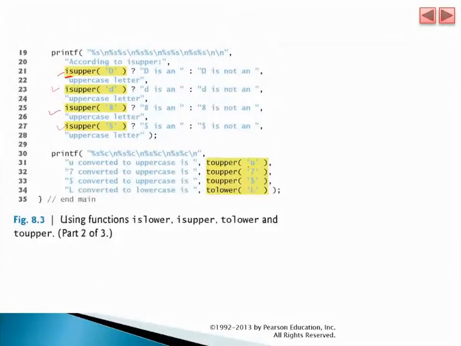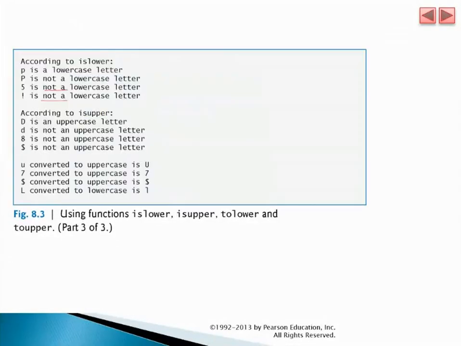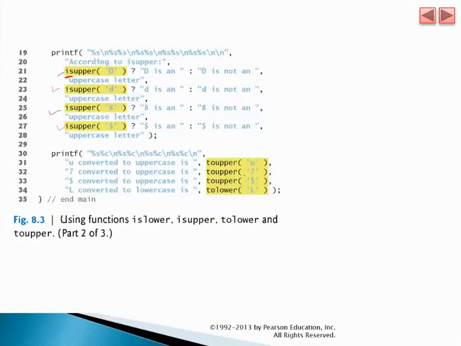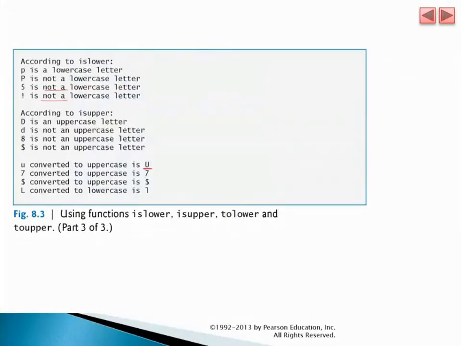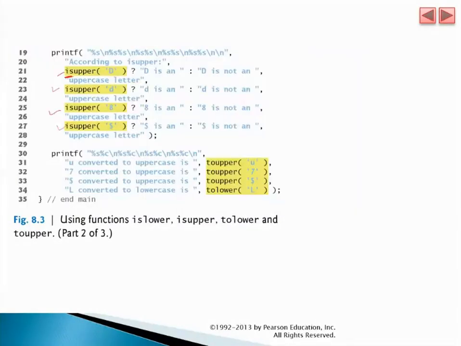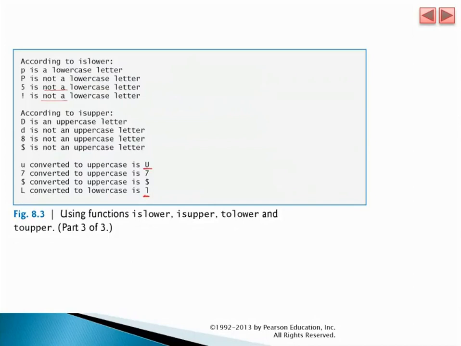So to upper will print capital U like this. To upper 7 will print 7 as it is, okay, because there is nothing to convert. Similarly, any other thing you write will not convert. If you write a capital letter and you mention to lower, then it will be converted into a small letter.